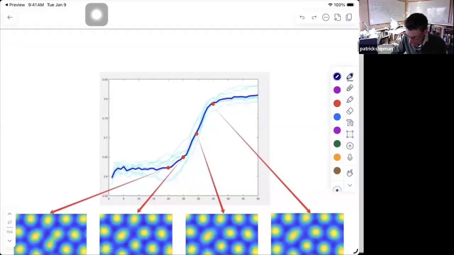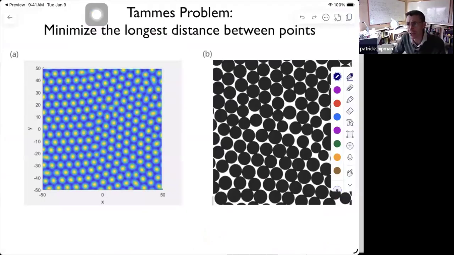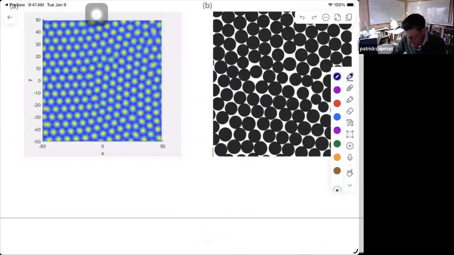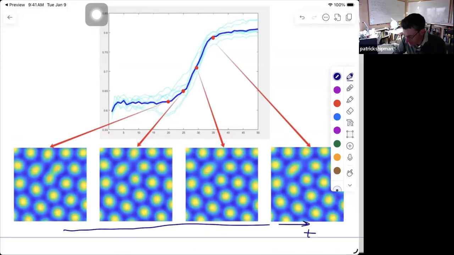Okay, so let's explore more the potential relationship between these partial differential equations and these ideas of optimal packing. What we've done here is to solve the Swift-Hohenberg equation, and I've plotted the solution in increasing time along these axes.